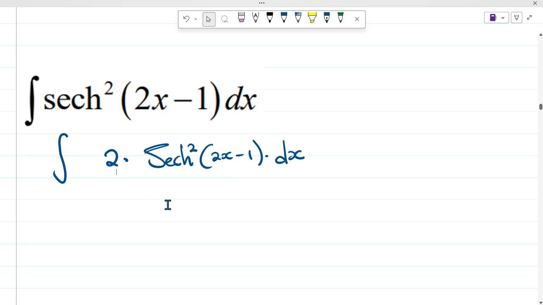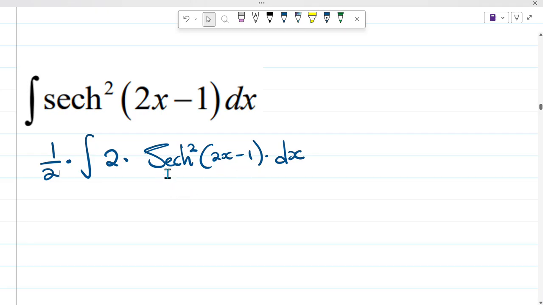This 2 was not given to us in the question. So what do we do to it? We cancel it out by multiplying by 1 over 2, so that the 2 and the 2 can cancel out, and then we go back to whatever question we were given. We make use of the derivative and this hyperbolic function together with its argument.